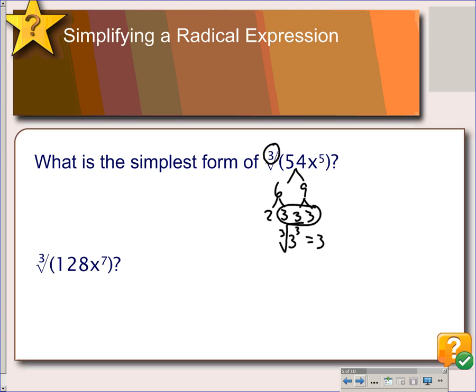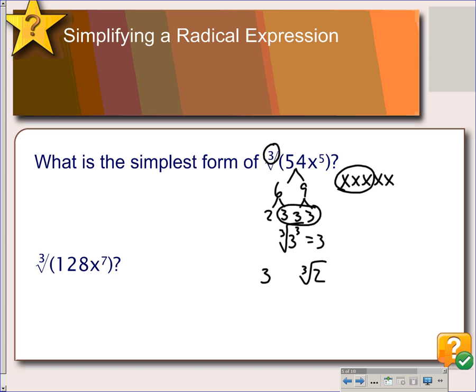So we're going to have 3, and we're going to still have the cube root of 2. Okay, that's our coefficient numbers. Now we still have x to the 5th. x to the 5th means we have 5 x's. Again, we have an index of 3, so we're looking for groups of 3.